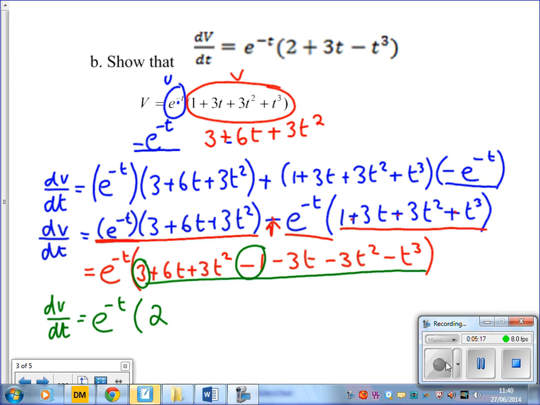Looking at the t terms, I've got plus 6t here, take away 3t, so plus 3t. Squared terms cancel each other out because I've got plus 3t squared there, minus 3t squared there, and so I've just left with this minus t cubed at the end, which is what you had to show.